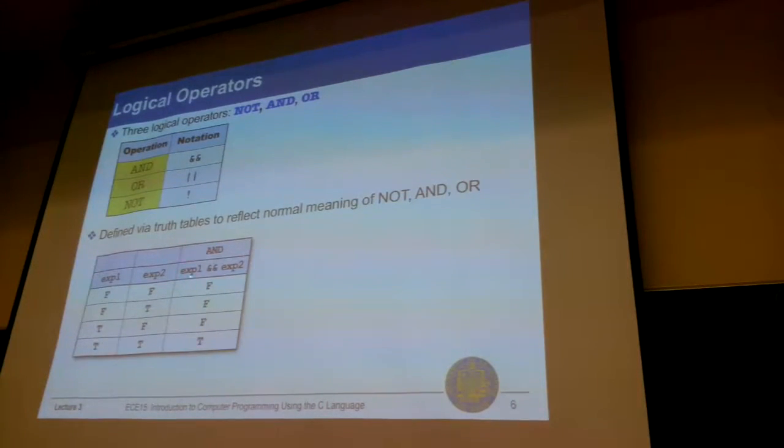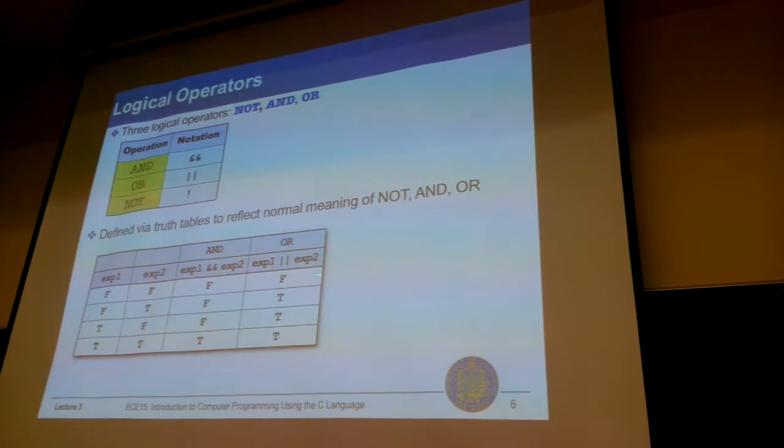So if we have expression 1 and expression 2, it's only true if both expression 1 and expression 2 evaluate to true. Otherwise, it would be false. Similarly, with the OR operator, we can fill in this table. With the OR operator, we have a true unless both expression 1 and expression 2 are false. And the not of expression 1 is just the inverse, right? A false becomes a true, a true becomes a false.